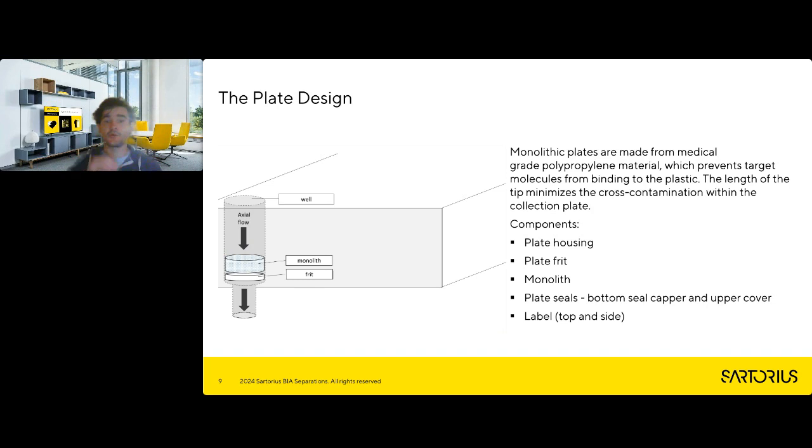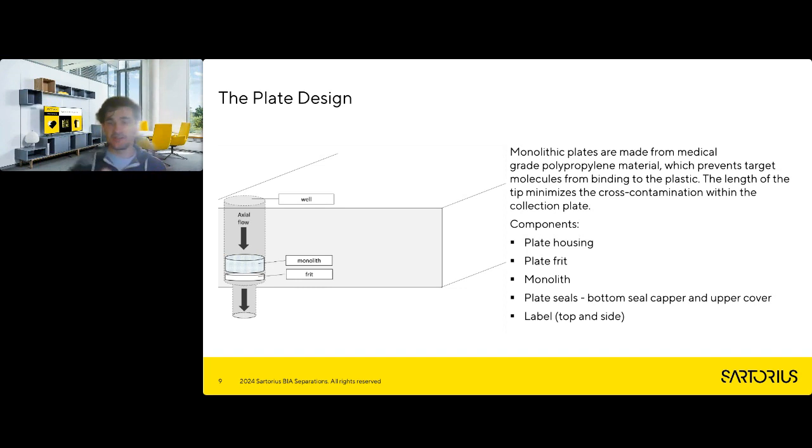So how did we design the plates? We designed the plates from medical grade polypropylene to prevent sticking of our target molecules to the plastics. We elongated the tip of the plate to prevent cross-contamination with the collection plate.